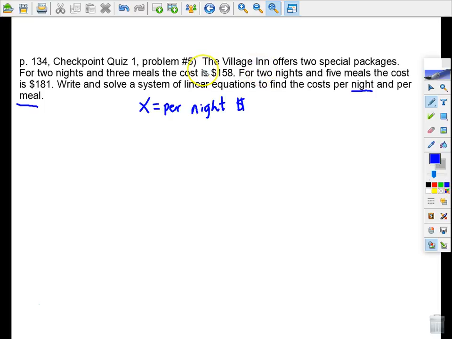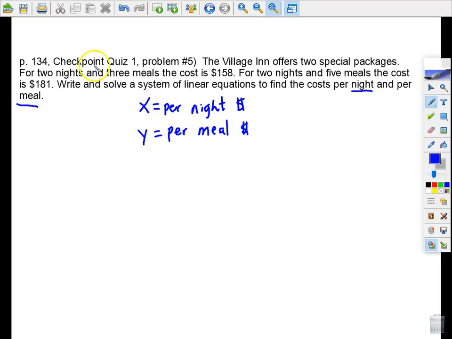Remember, the way it's packaged, we don't really know. It's 2 nights and 3 meals, so we want to break it up and say, okay, well then in this package, how much is just 1 night? And how much is 1 meal? Okay, so I'm going to let my variables represent these 2 items, X nights, Y meals.